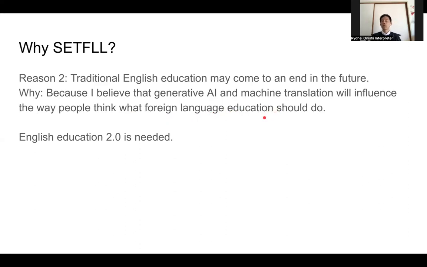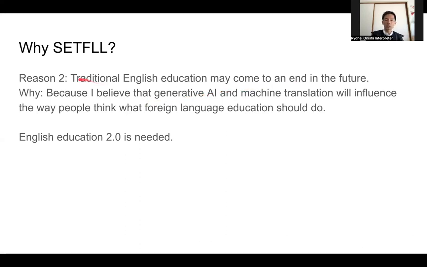So what should English education do? When we think about this question, I think traditional, old English education may come to an end in the future. Come to an end means it may end in the future.